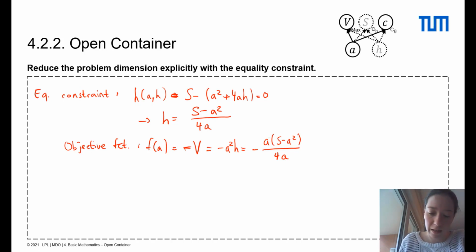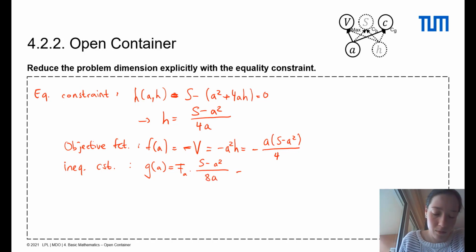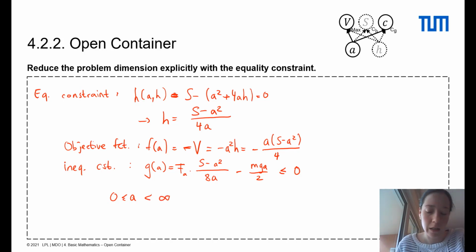Okay, and one A cancels out here. And we do the same for the inequality constraint. And we still got a constraint on A. And now we just got one design variable left.